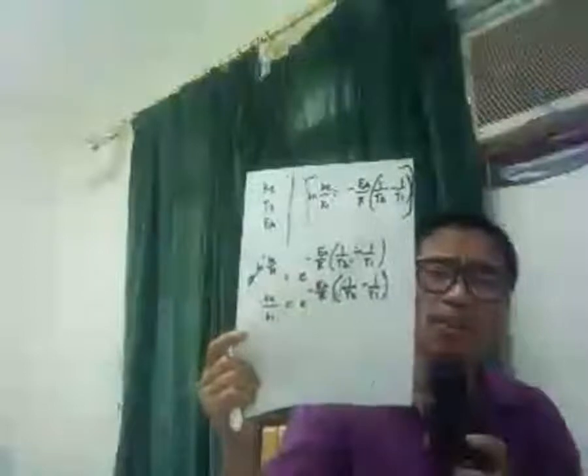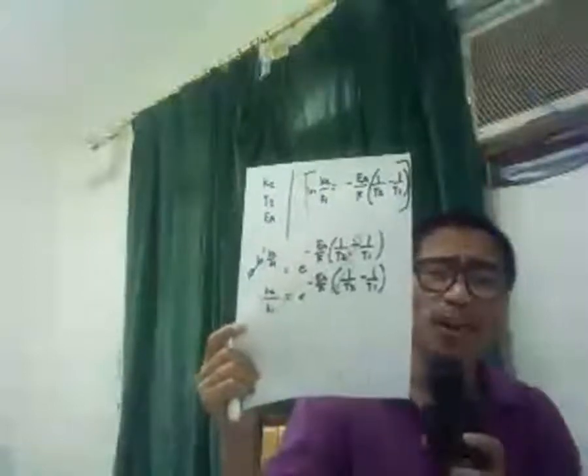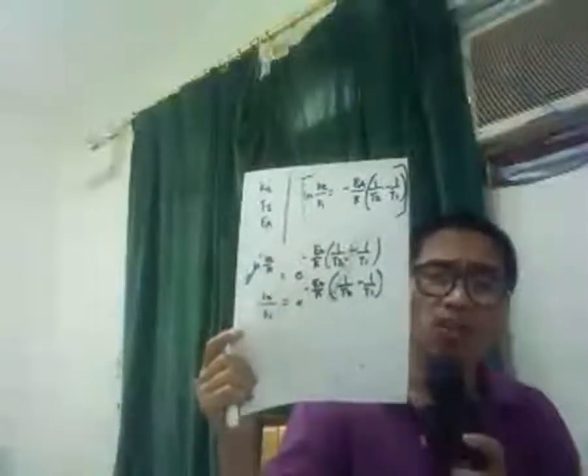Now, guys, notice this. Apply algebra by the crisscross multiplication. So our K2 now will become automatically K1 times exponential negative activation energy over R times 1 over T2 minus 1 over T1.